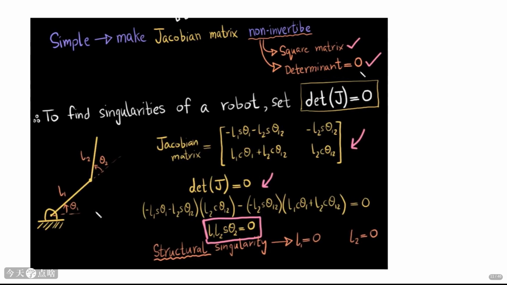So, we set the determinant of the Jacobian equal to 0 and solve for the joint angles theta 1 and theta 2. The solutions to this equation represent the robot's singular configurations. In the example shown, the calculation leads to a condition where the product of the lengths L1 and L2 must be 0, which is a structural singularity for this specific two-link arm. Finding these singularities is crucial for avoiding them during robot operation and path planning.